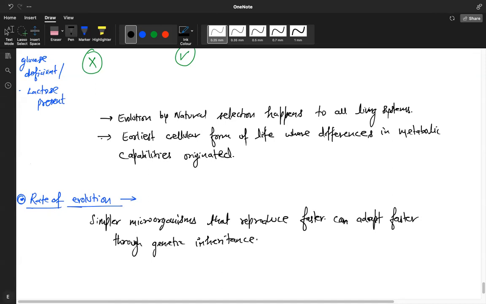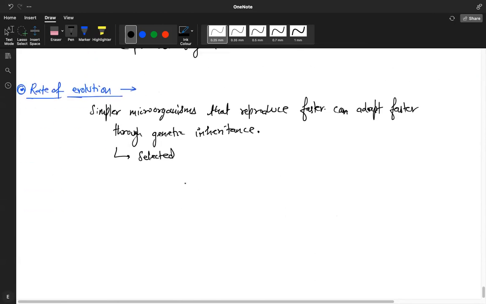Therefore, they get selected by nature faster.